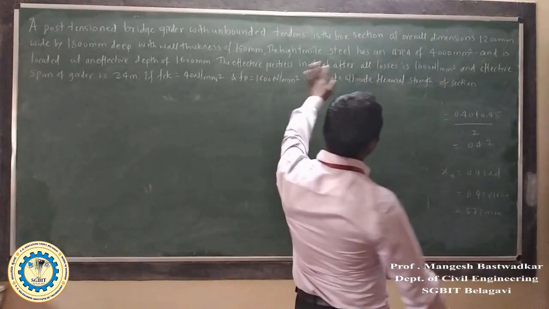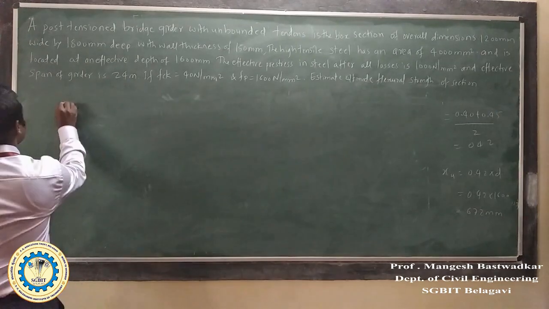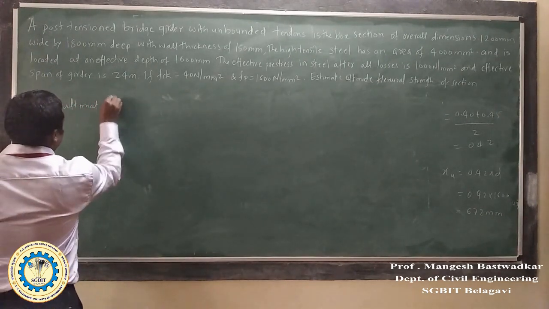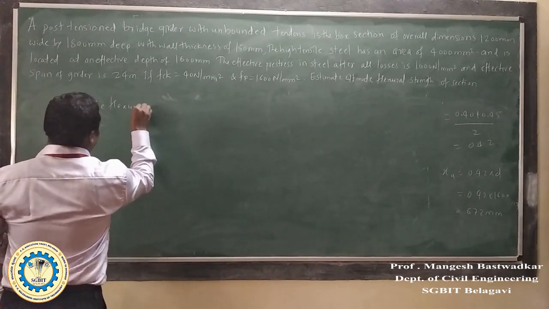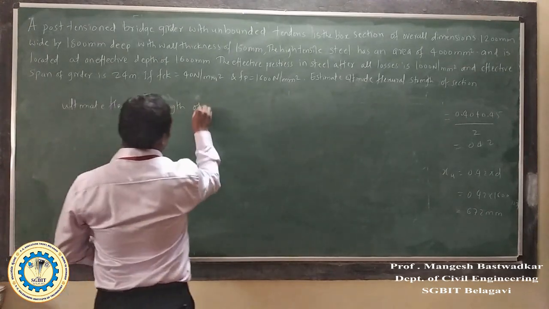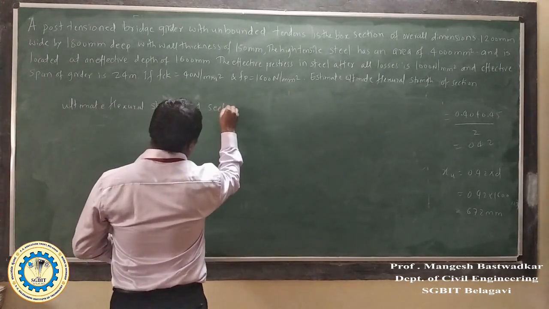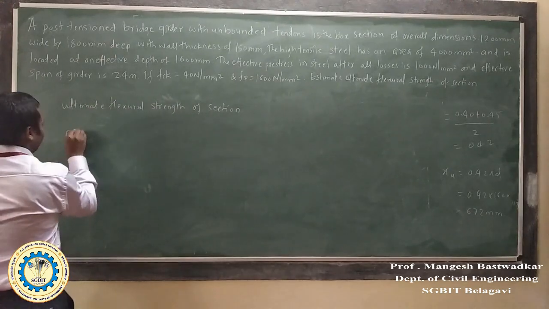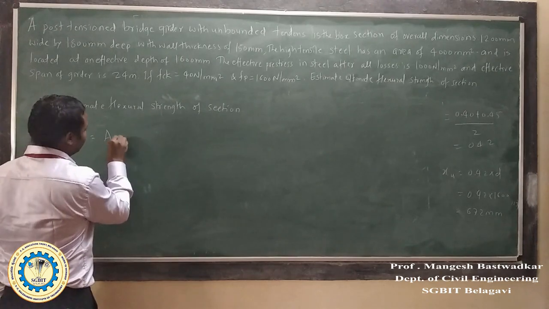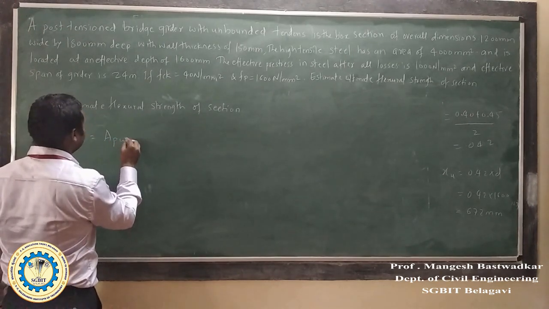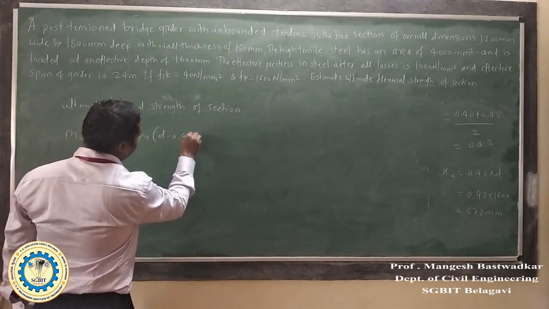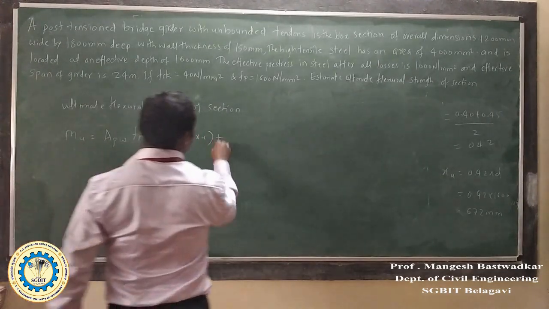Now directly we can calculate the ultimate flexural strength of the section for the flanged section. Ultimate flexural strength of section, that is Mu, is equal to, first we'll consider the web portion. So this is APW into FPU into D minus 0.42 XU, plus the flange portion.